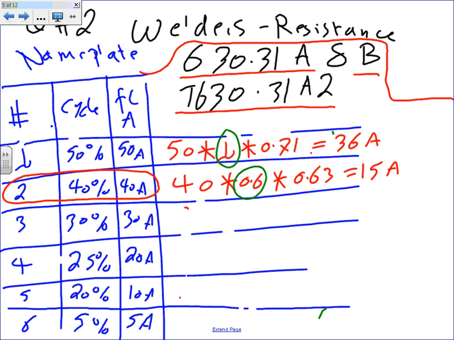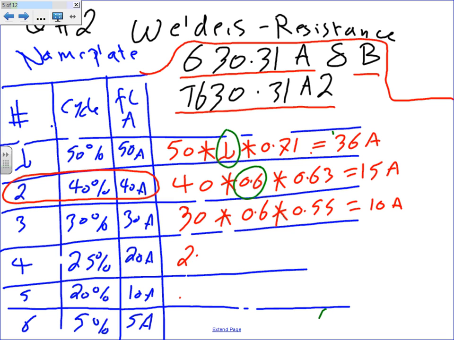The third one is 30 amps multiplied by the same thing, 0.6, because anything after the largest, fattest, fluffiest welder, it's 0.6. You multiply this by 0.55, right? 0.55. That will give me 10 amps.